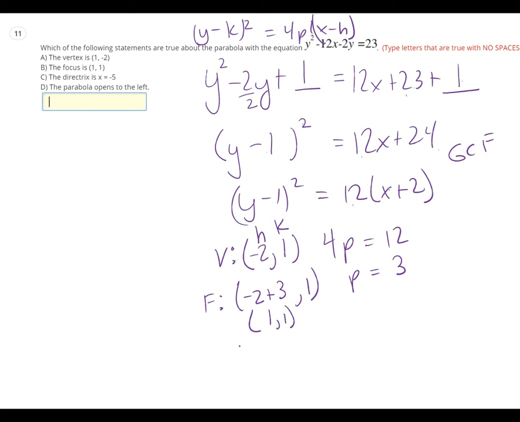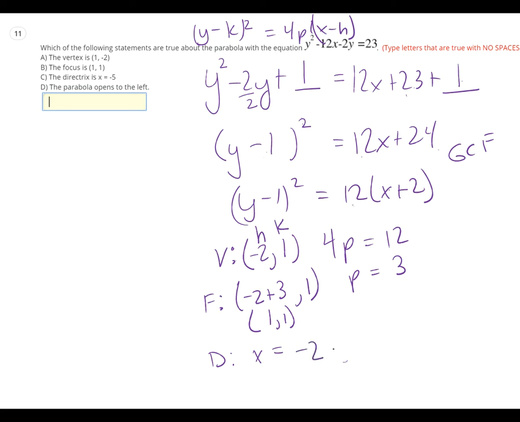So we get 1, 1. My focus. My directrix, when I look at my chart, it says x equals. Be careful, because it may say y equals instead, so you've got to look and make sure it's exactly what it's supposed to be. So x equals, and we're supposed to do h minus p.